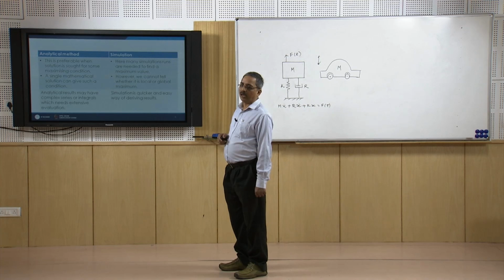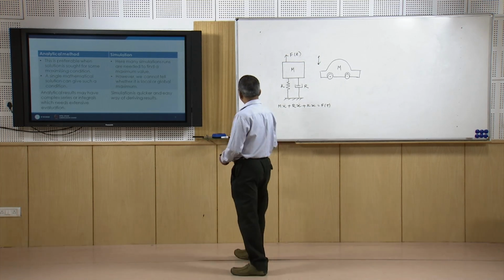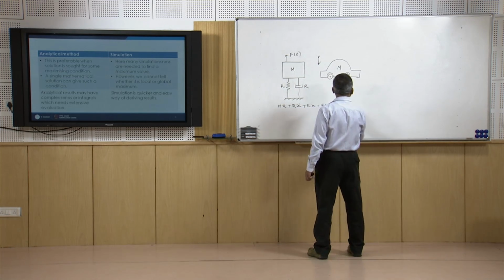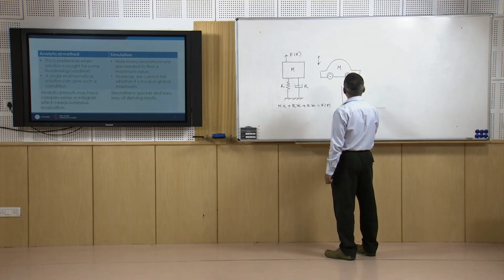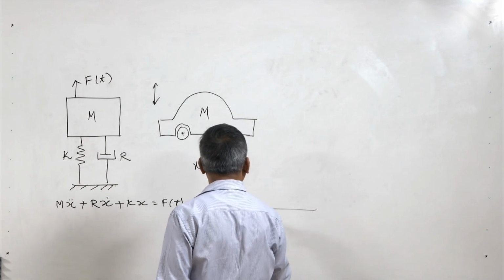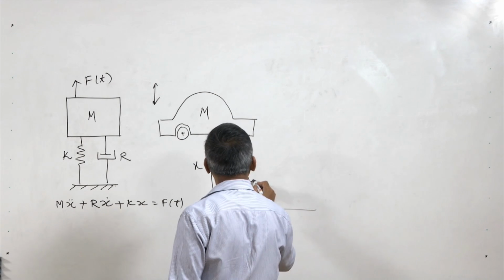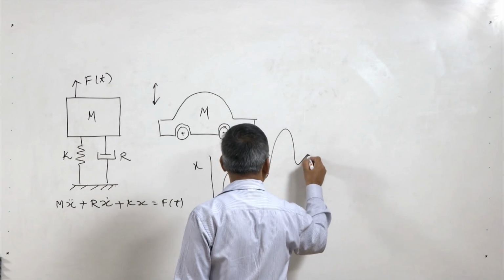And here we cannot tell whether it is a local or global maximum. What do you mean by local and global maximum? I hope all of you know that. Say some behavior is like this, you have some parameter and here time, some behavior is like this, and some behavior is like this.